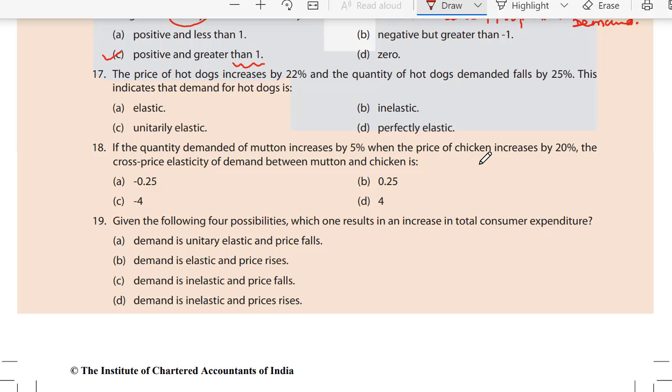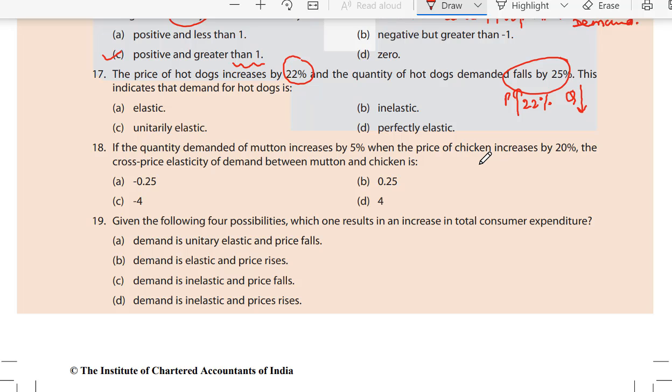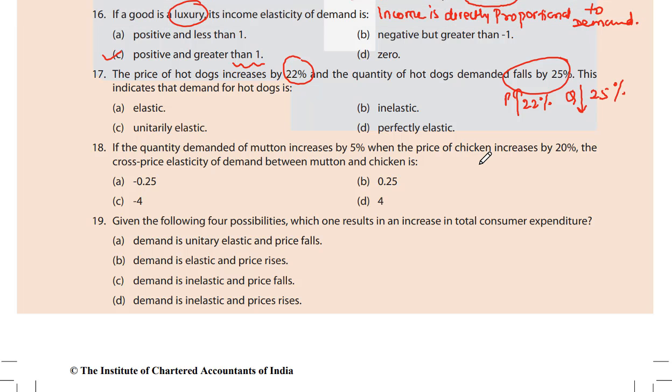If the price of a hot dog increases by 22% and the quantity of hot dog demanded falls by 25%, so price rises by 22% and quantity falls more as compared to price, this indicates that demand for the hot dog is: A, elastic; B, inelastic.